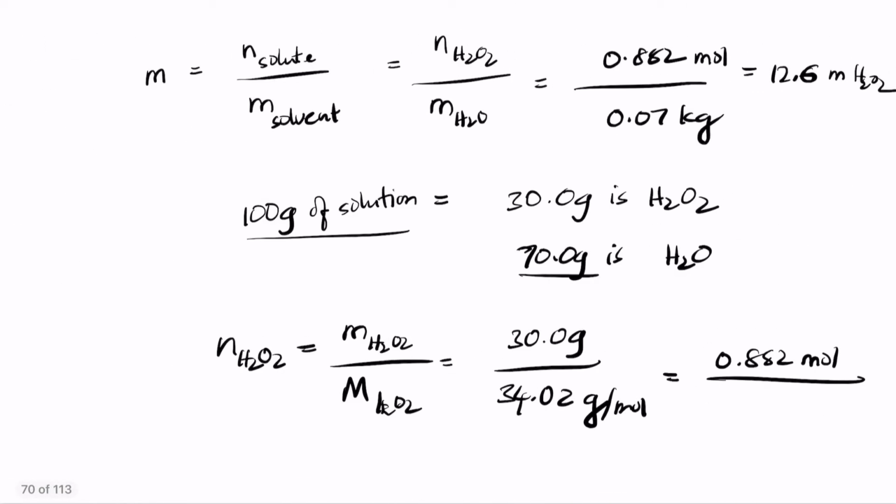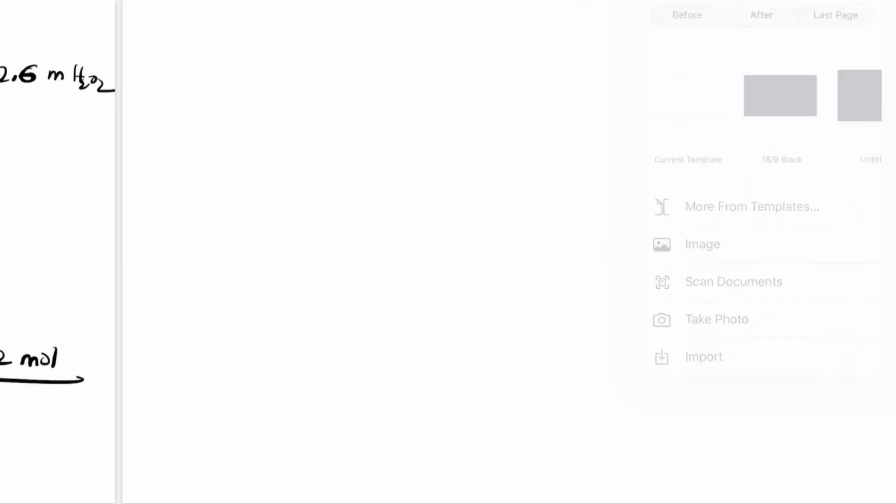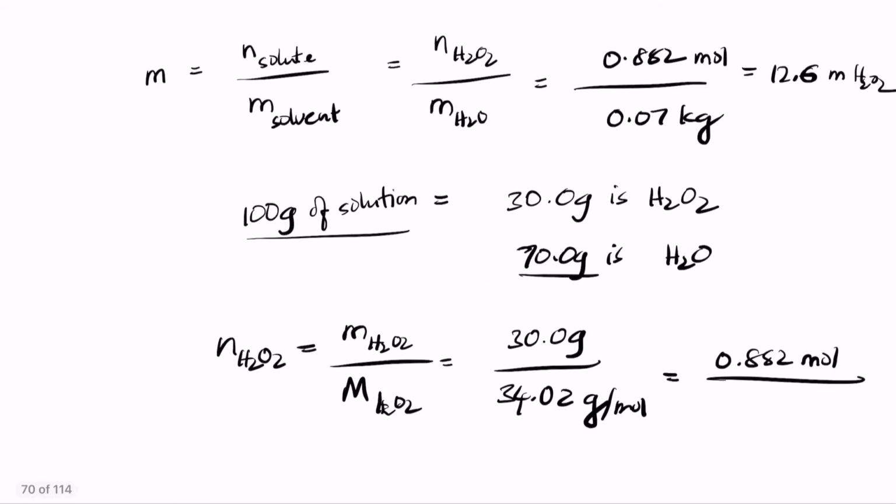They have given us the total mass of the solution, which is 100 grams. We want it in volume, so we have to convert it. We know that density D is mass by volume, so to get volume we need mass by density.